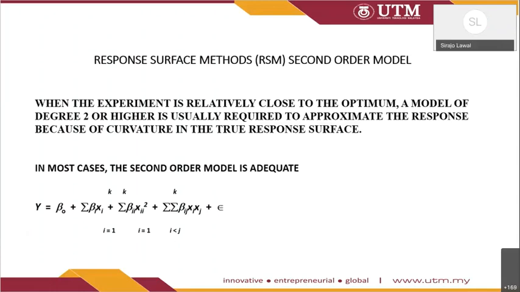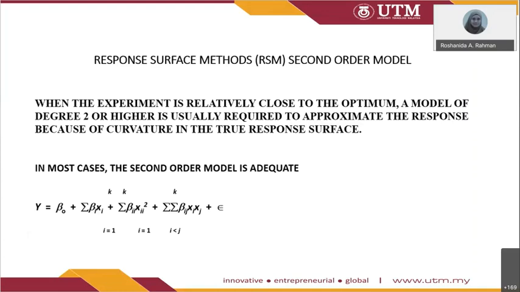Now, how about the RSM? Let us look into response surface methodology, RSM, as the second order model. For factorial design, I think this one also took me some time to really understand. When we are talking about factorial design, a two-level factorial design is actually a linear equation.